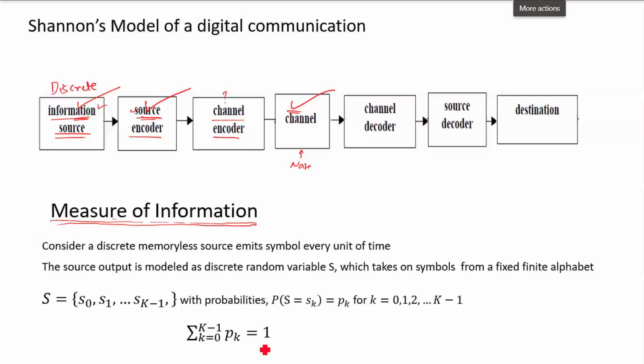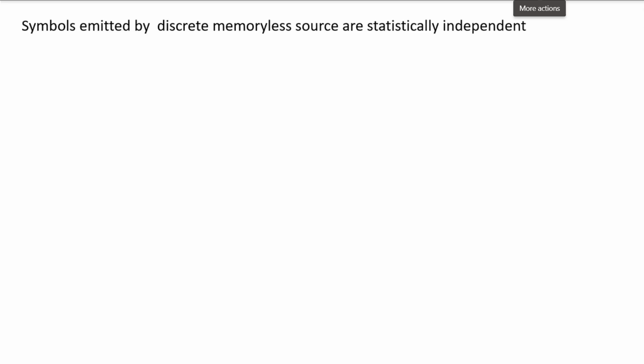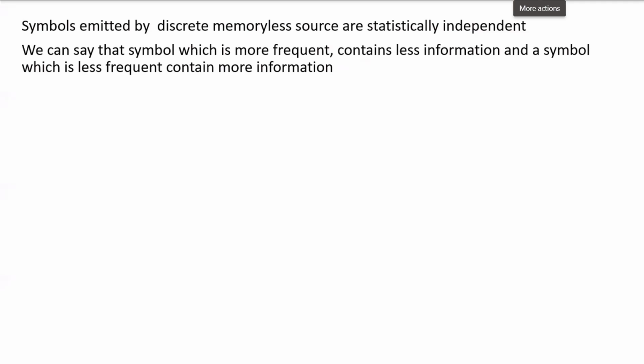So our main intention is to quantify information. On what basis? On the basis of the chances of occurrence of symbols. The symbol which is more likely contains less information, and the symbol which is less likely contains more information. When we say a discrete memoryless source, symbols emitted are statistically independent.